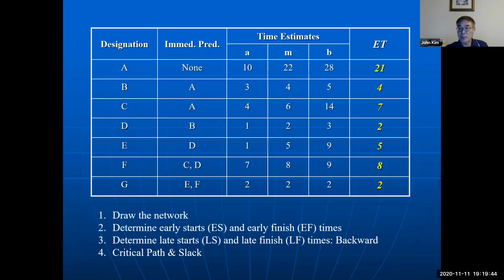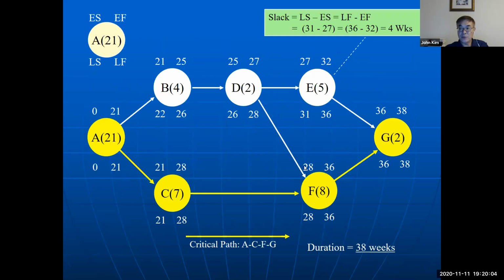So using that formula, we can get the expected time for each activity like this, and then use this expected time as a single time. Then we can draw the network diagram and find which one is the critical path. So after drawing and calculating early start, early finish, late start, late finish, we can determine which one is the critical path.